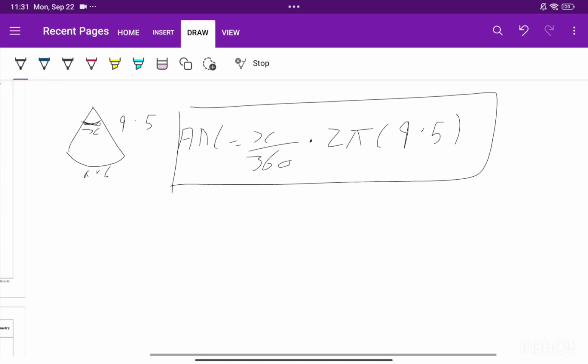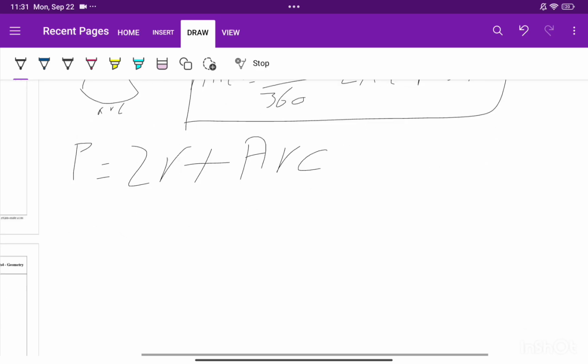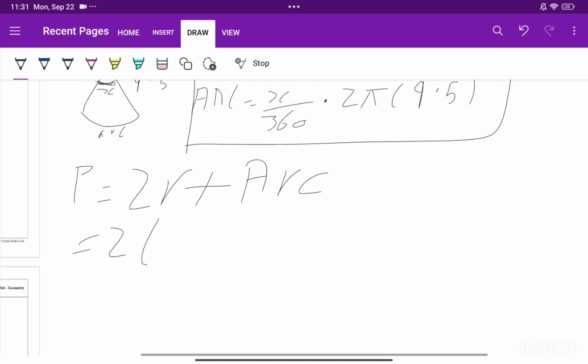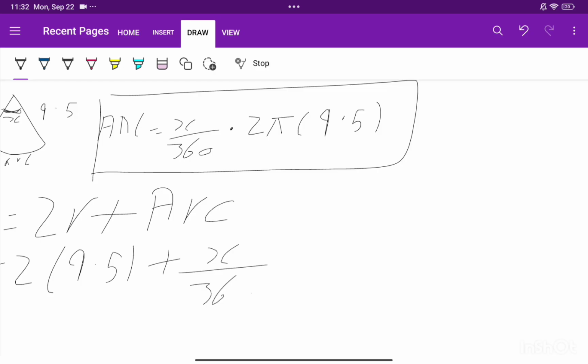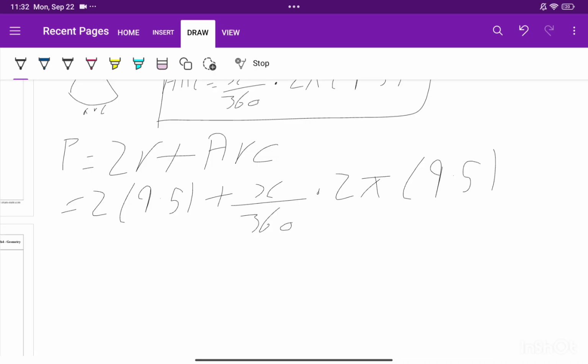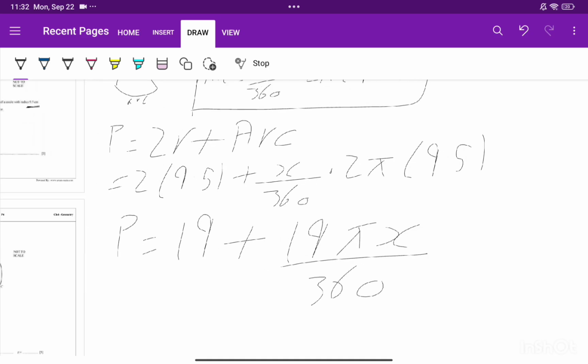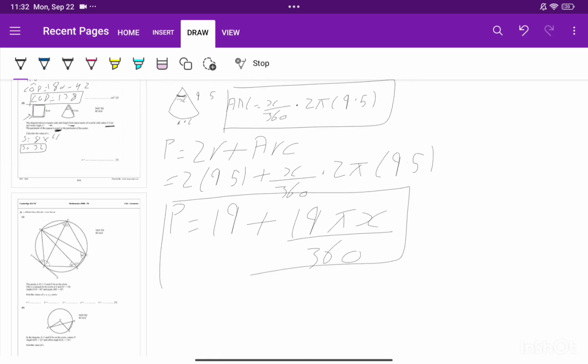So perimeter of the sector formula is 2r plus arc length. So 2 radius is 9.5 plus arc will be x upon 360 multiplied by 2 pi 9.5. So we will solve this directly in calculator. So this will be 19 plus 19 pi x divided by 360. Now this is the perimeter of the sector.